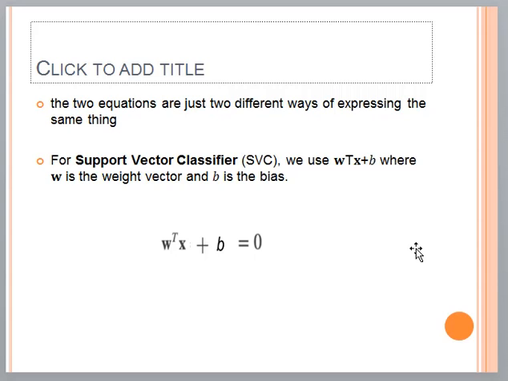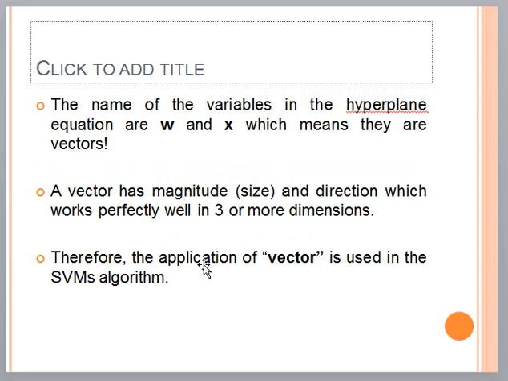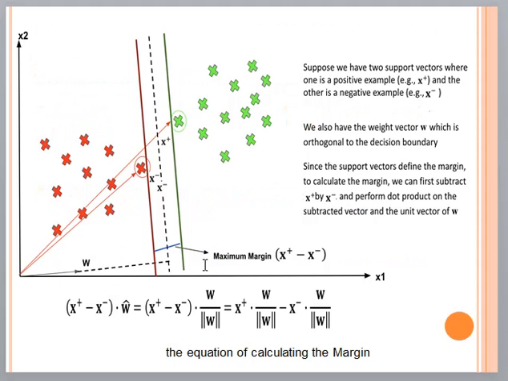And then we also saw how W transpose x plus b is equal to 0. We also discussed the equation for calculating the margin. By using this example, where we had some positive examples and some negative examples, we derived this equation in detail in the previous lecture.